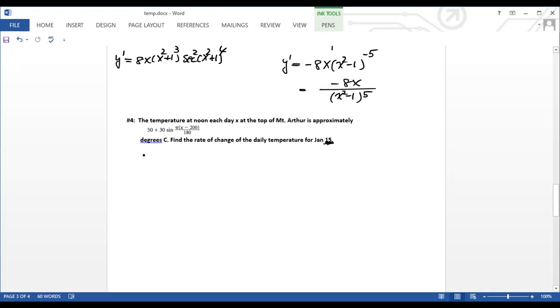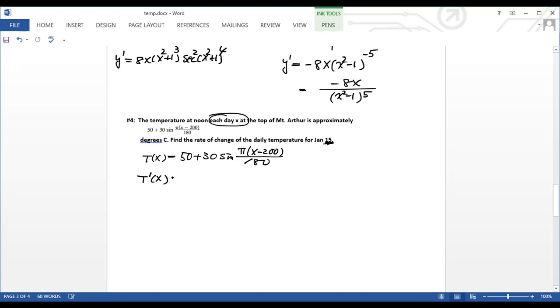So I will set this as my temperature on each day, right? So I let this temperature be 50 plus 30 sine of pi times x minus 200 over 180. So I'm looking for the rate of change, right?